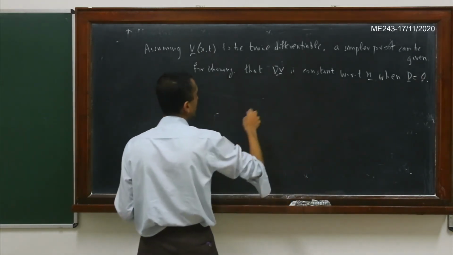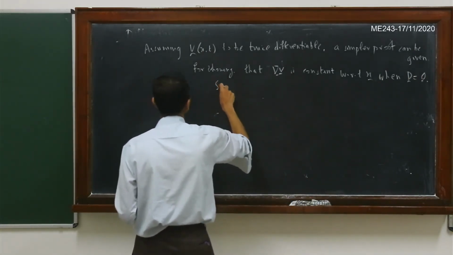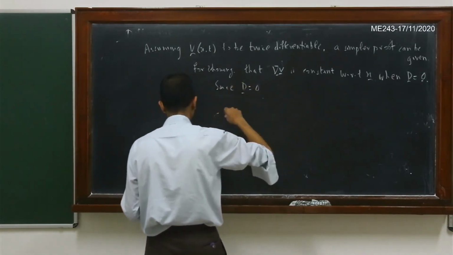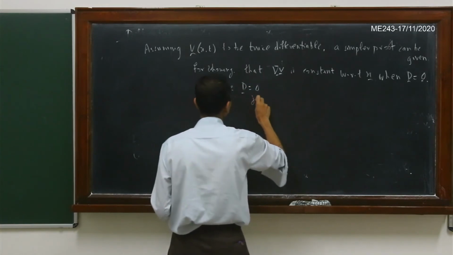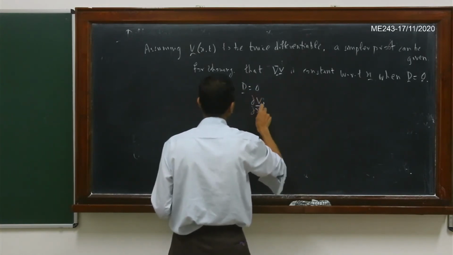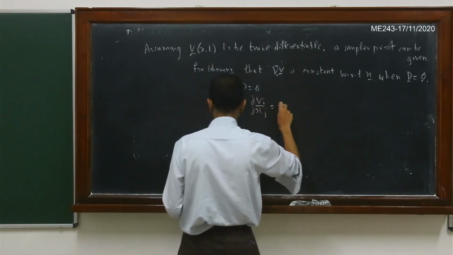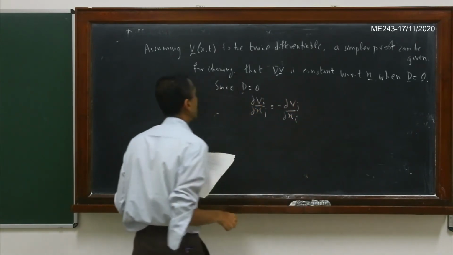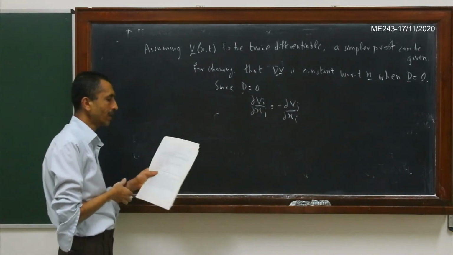Since D is equal to 0, I write it in index notation. Del vi by del xj is minus del vj by del xi. So this is the Dij component.